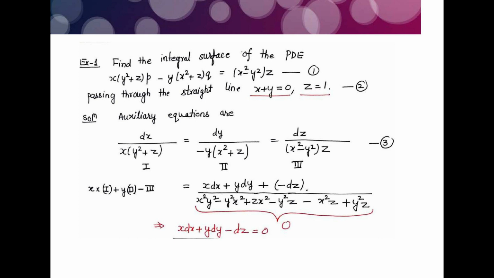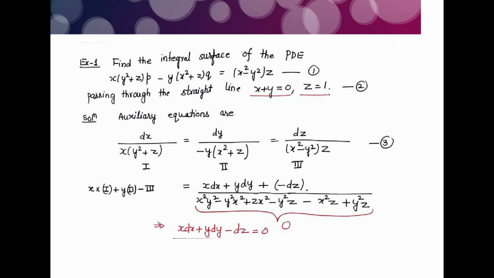See the first two ratios with dx and dy. In the denominator, we have xz in the first ratio, and with dy we have minus yz, and with dz we have z times x square minus y square. So we can have some idea that we use the first two terms dx and dy and try to eliminate z from these two ratios.